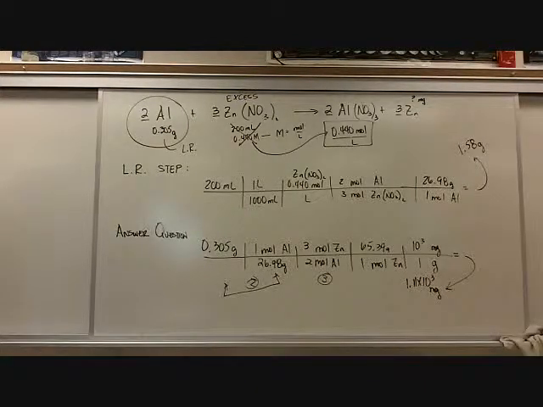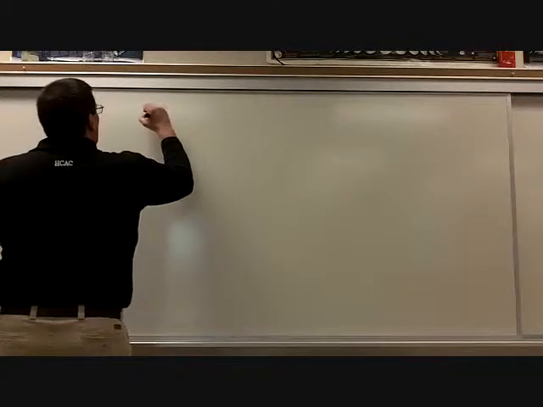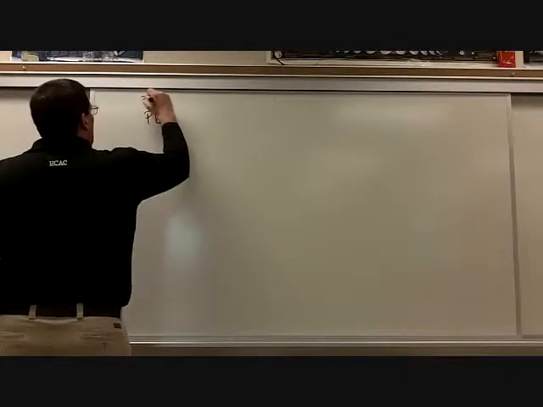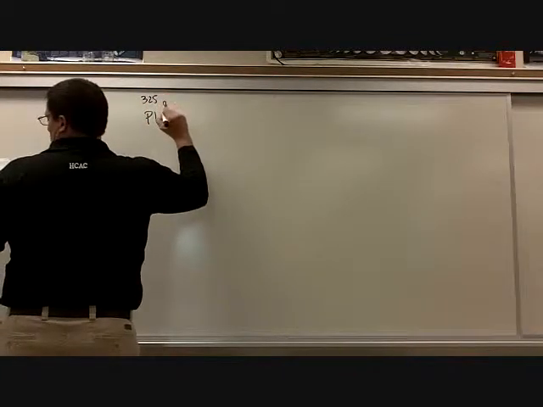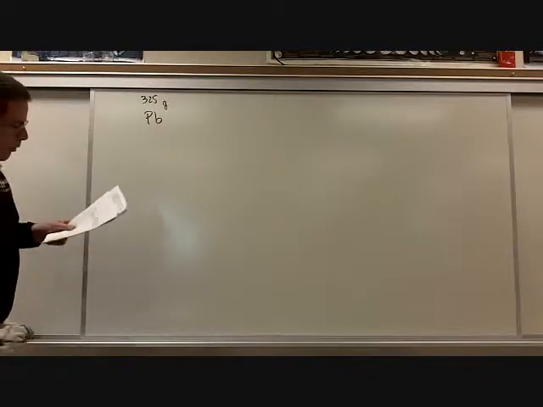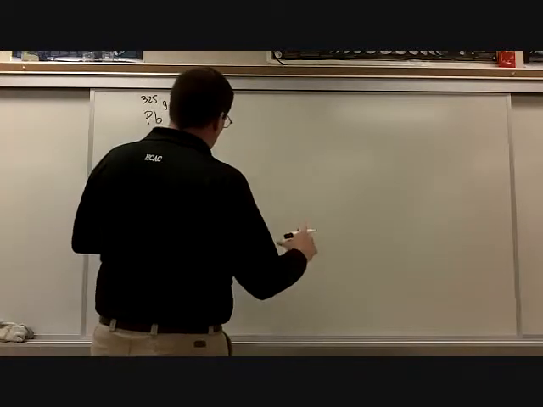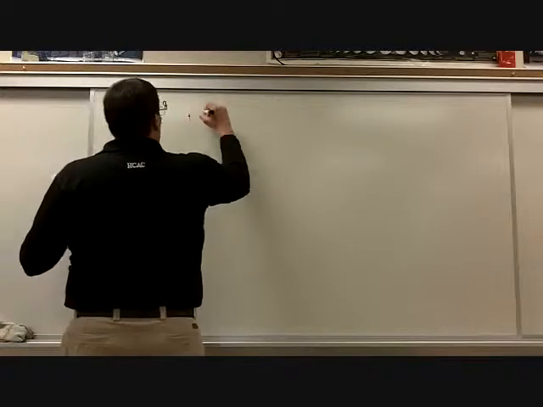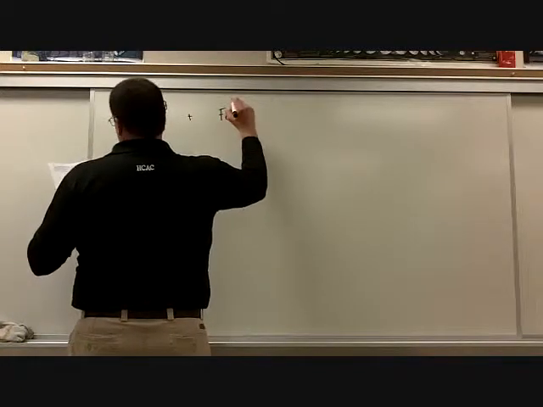We got another one. So the question says 325 grams of lead metal. Let's write that. 325 grams is mixed with a 3.45 molar solution of iron 3 nitrate.